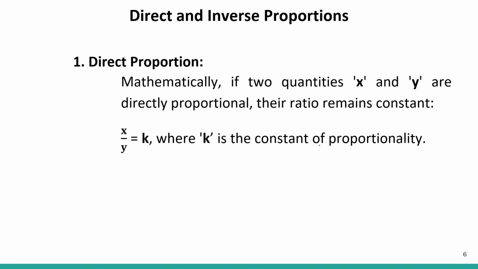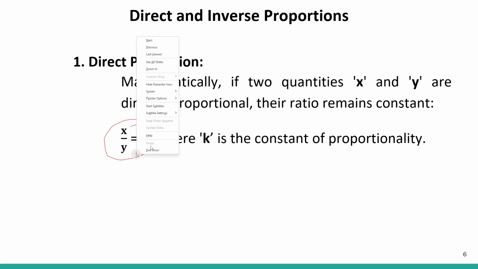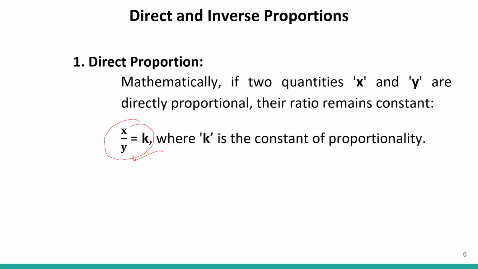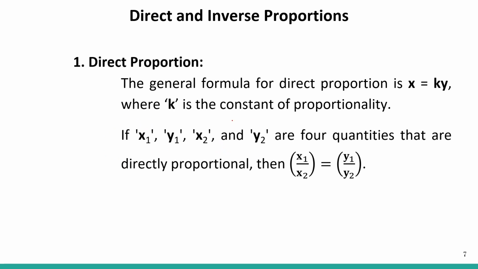Mathematically, if two quantities x and y are directly proportional, their ratio remains constant. So if x and y are directly proportional, then x by y is equal to some constant k, which is the constant of proportionality. This needs to be remembered. In general, the formula for directly proportional is x is equal to ky.